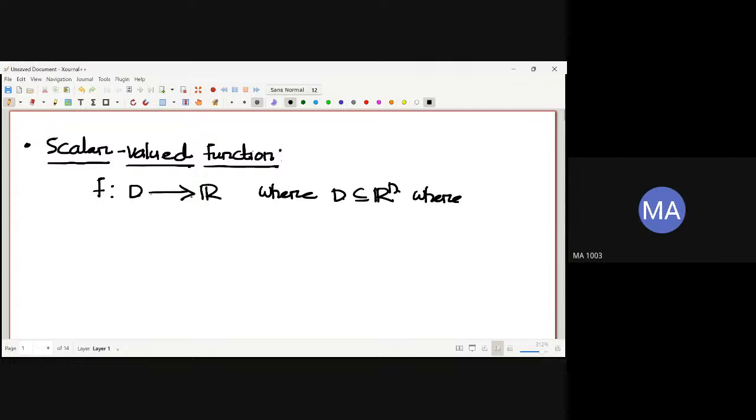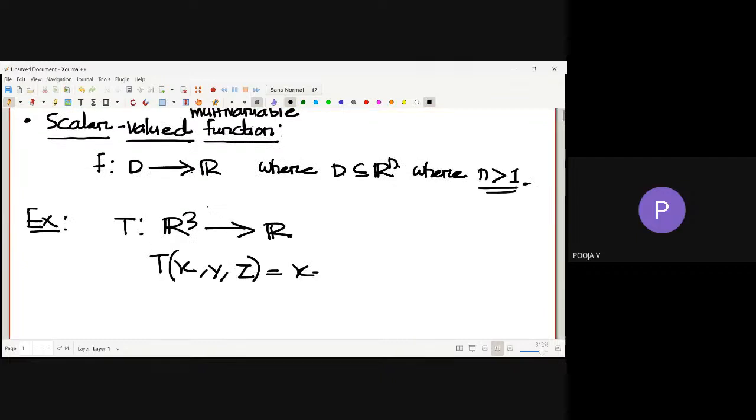So the obvious example is a linear transformation. You can take this linear transformation from R3 to R, where (x, y, z) goes to x plus y plus z.